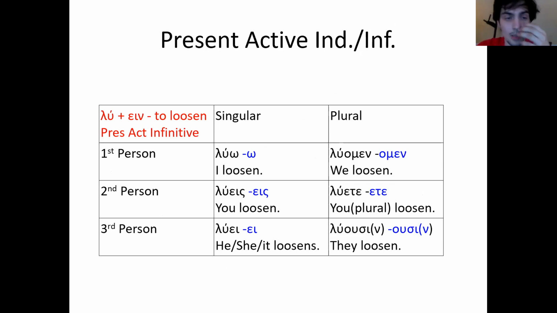You can pause the video and grab your book, but go to the vocabulary section for chapter 2 and look at it as we are going through these practice examples. First example is luomen. Please pause the video and say what this is saying. What is the subject and what is the verb?